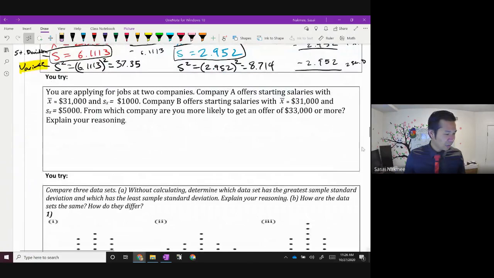From which company are you more likely to get 33,000 or more? We'll talk about the reasoning afterwards. But for right now, which company would you more likely get $33,000 from? Are we going to go with company A or company B?